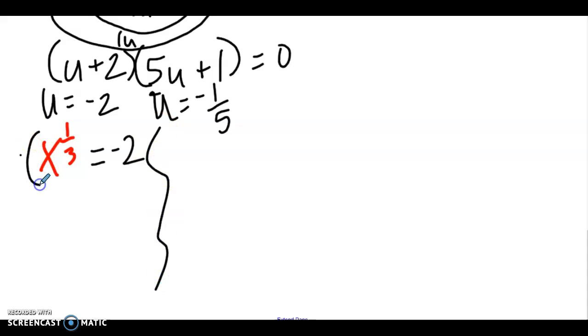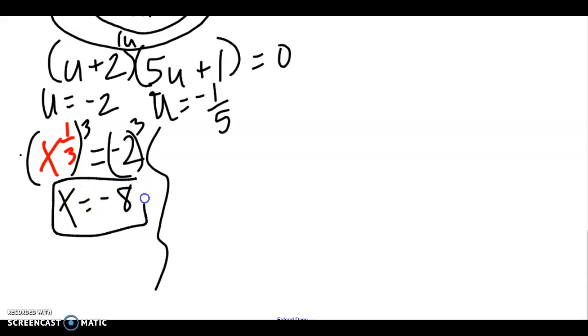And how do I undo 1/3 power? The third power. Got to have parentheses. So x equals -2 times -2 times -2, -8. All right, there it is. Okay, let's check over here. So I'm going to do the same thing. u is x to the 1/3, and that equals -1/5.